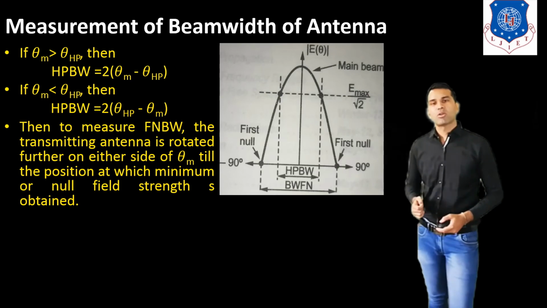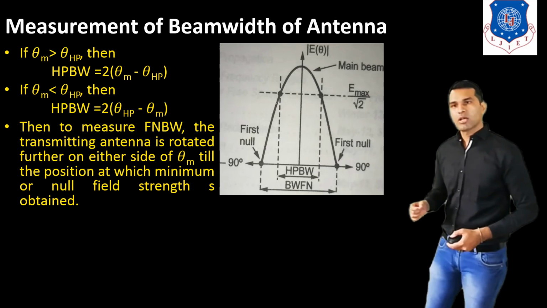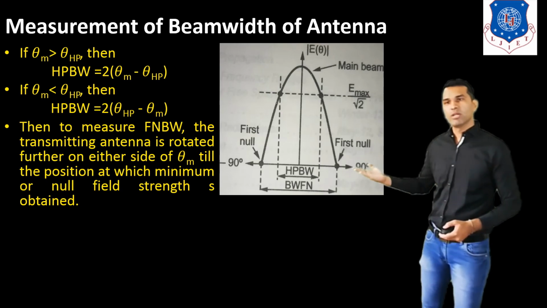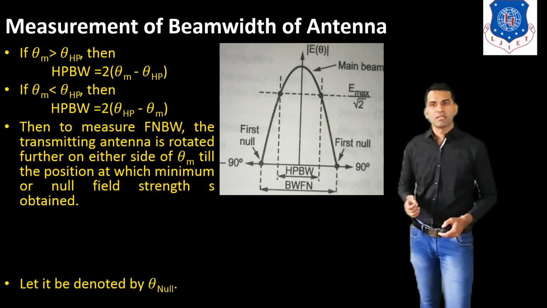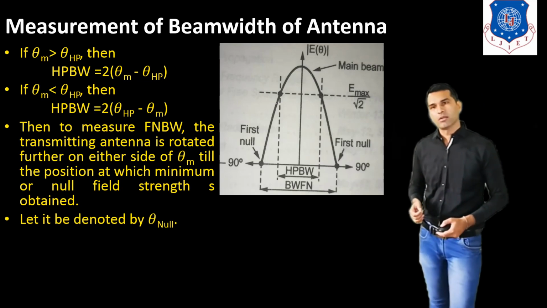Then we discuss the measurement of the FNBW. The transmitting antenna is rotated further on either side of theta m till the position at which the minimum or null field strength is obtained. Let it be denoted by theta null.